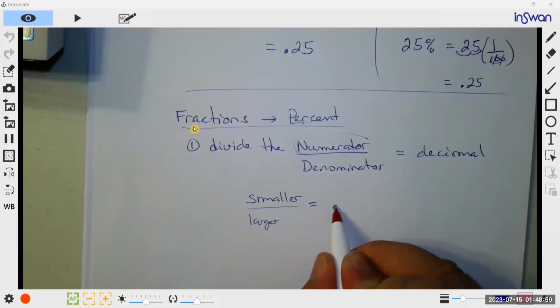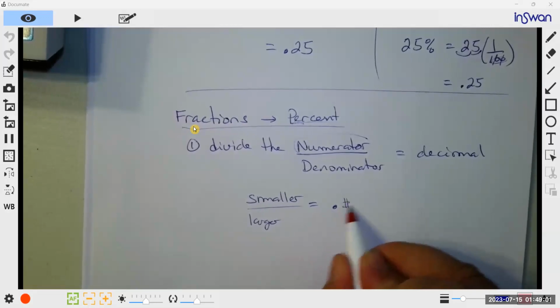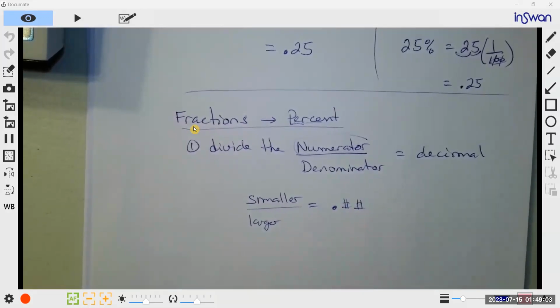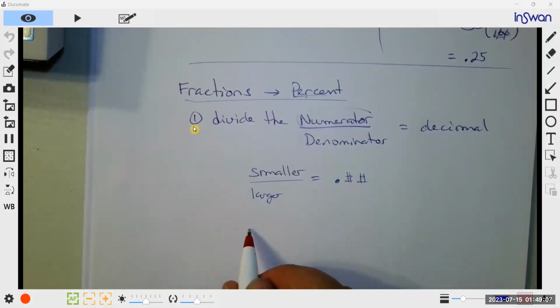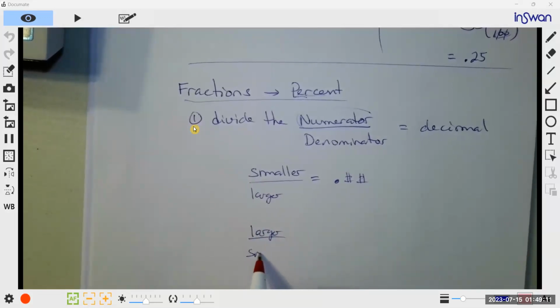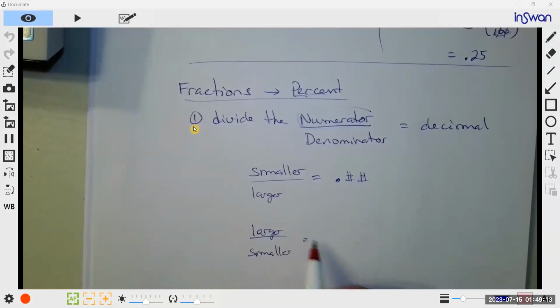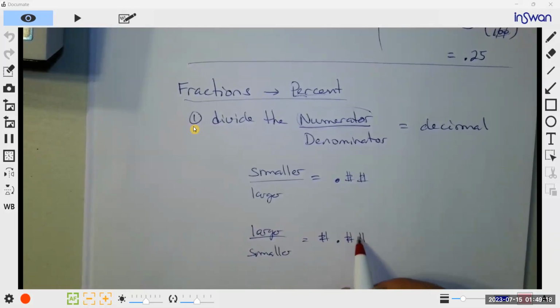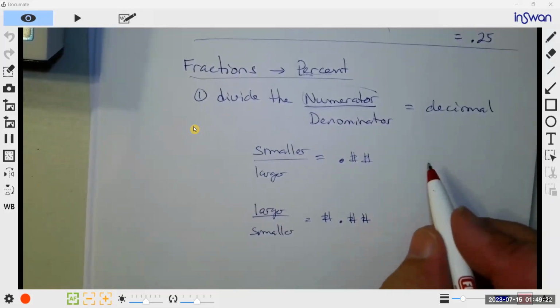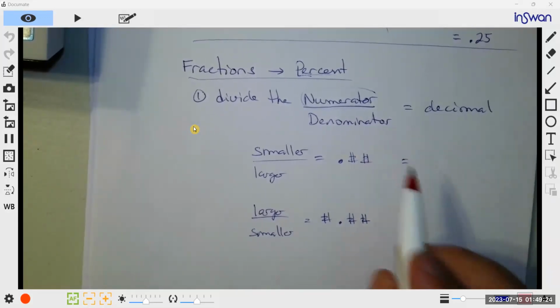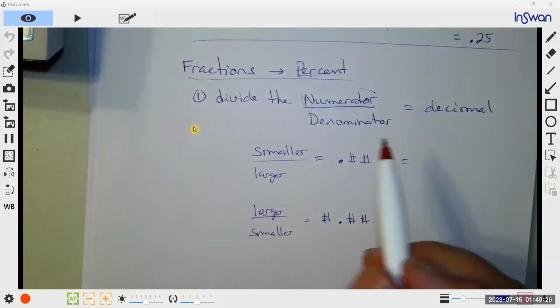That's going to give you some decimal. But it can also be that you have the larger number on top and the smaller on the bottom, which means you'll have a number like this. But the process is still the same.